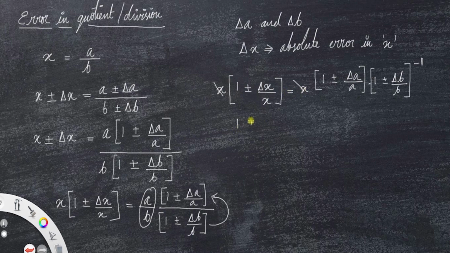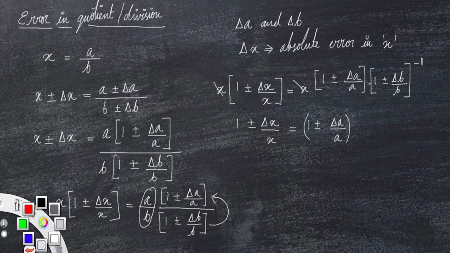So 1 plus or minus delta x by x equals 1 plus or minus delta a by a into, we have to simplify this.